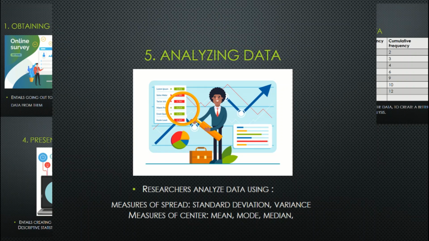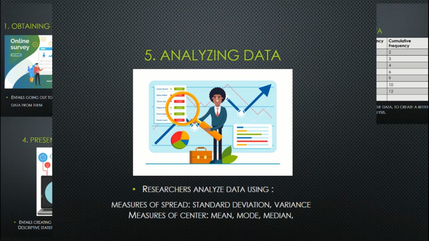And these analyses of data will involve things like calculating the mean, or the arithmetic mean or the average, the mode, finding the median, finding the standard deviation, the variance, and so on.